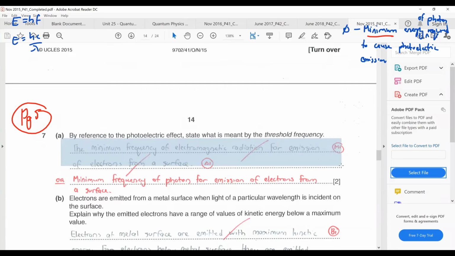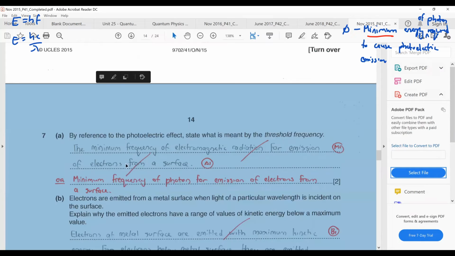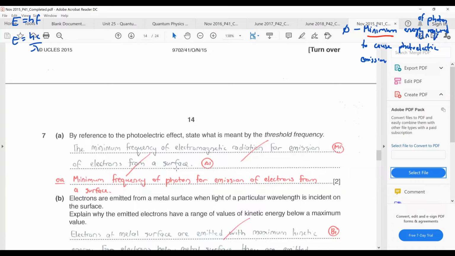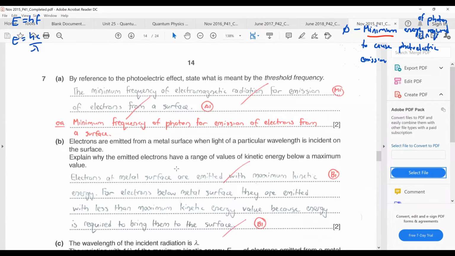Need to explain a bit further: it is the minimum frequency of EM radiation to cause emission of electrons from a surface. Okay, so this one is okay.